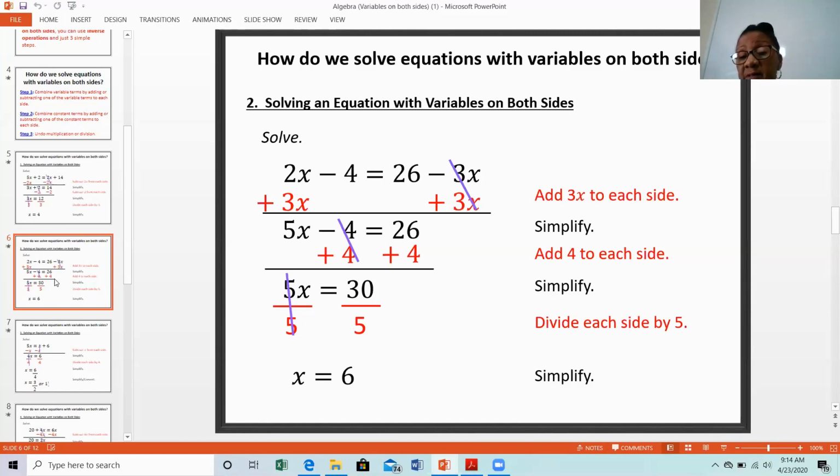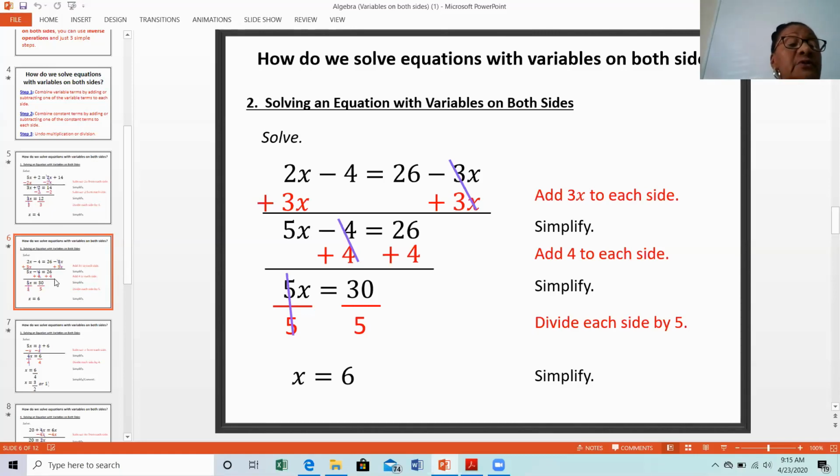What happened to the 3x? It canceled out with its inverse, which was plus 3x. So now we're left with 5x take away 4 is equal to 26.